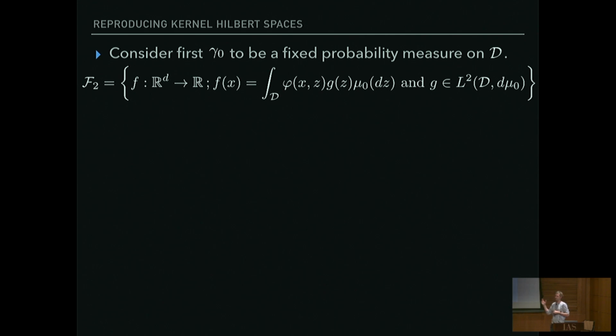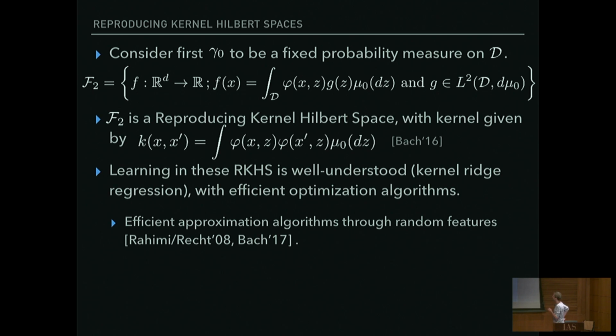So basically I'm putting a Hilbertian structure on that space. As was very nicely described in a paper by Francis Bach, Breaking the Curse of Dimensionality, this space of functions is in fact an RKHS. Yes? Is gamma meant to be mu? Correct, sorry, good point. Yes.